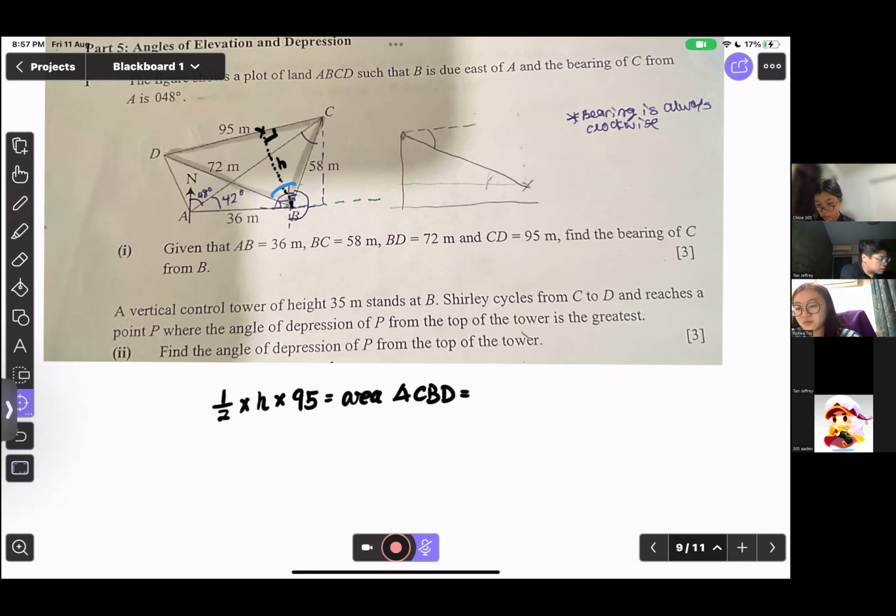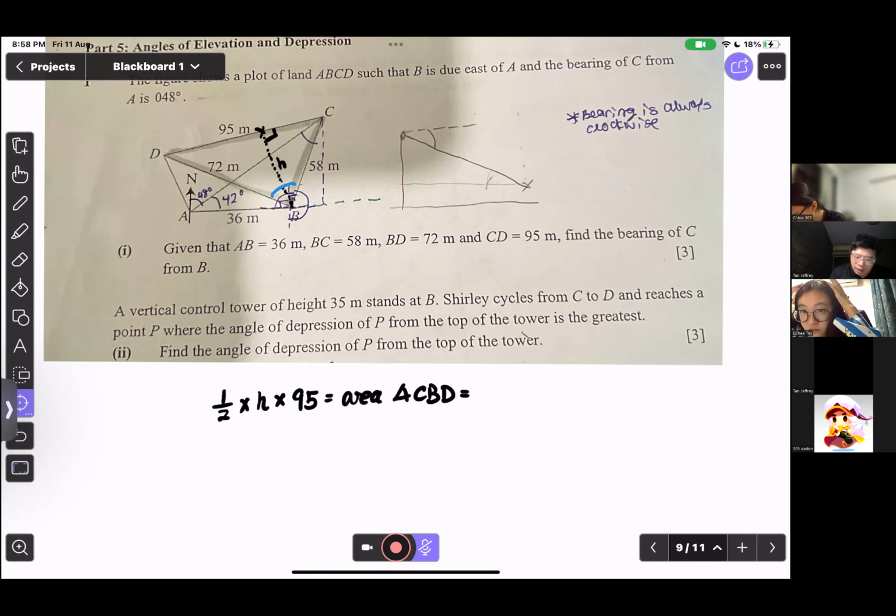No. B is due east of A. Okay, you need to find angle CBD. So I need to find angle CBD. Maybe I can find using cosine rule.